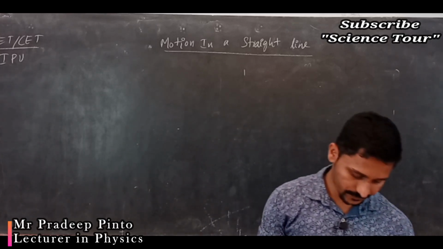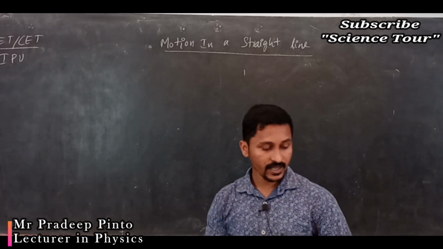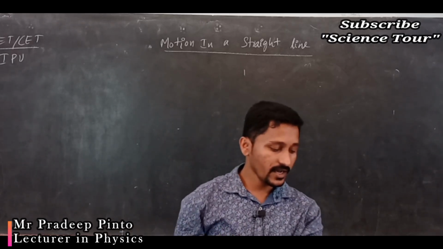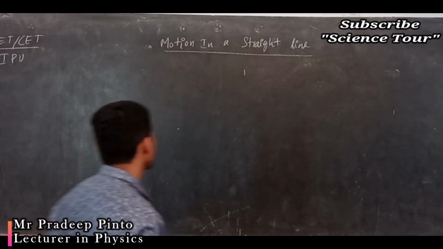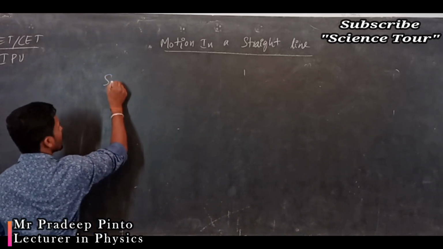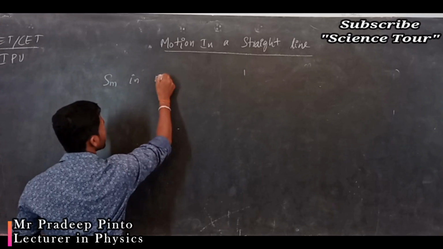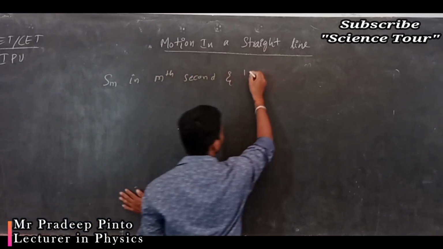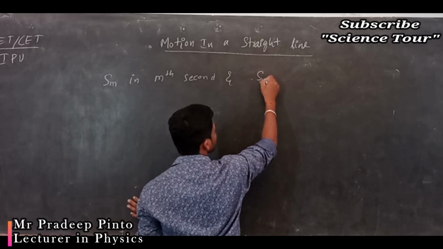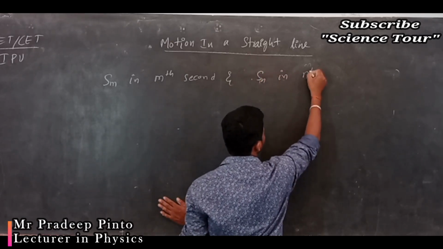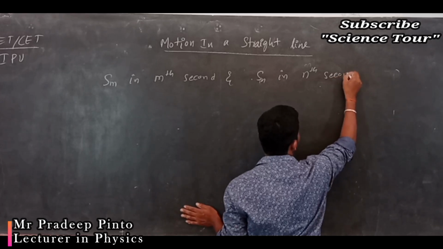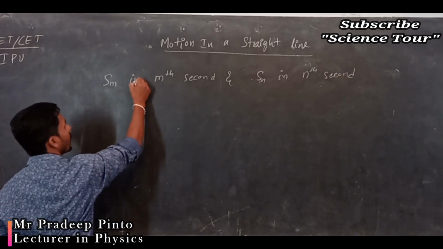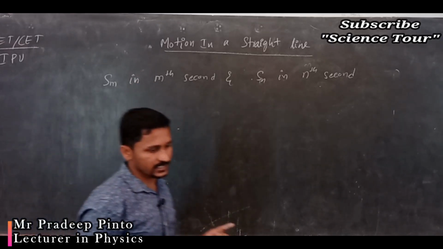Now suppose a body travels a distance of Sm in the mth second and Sn in the nth second. What is the relation for that?